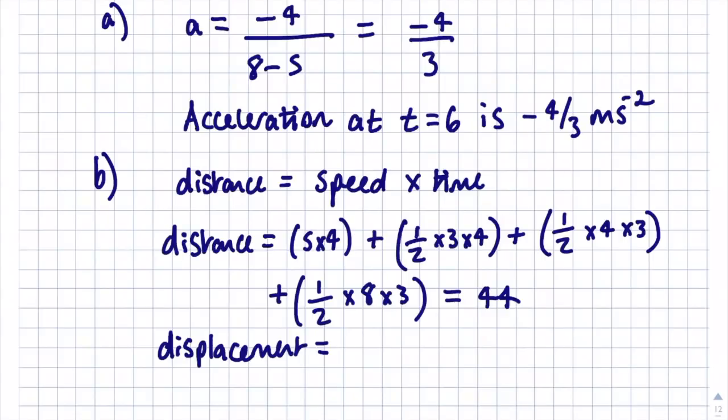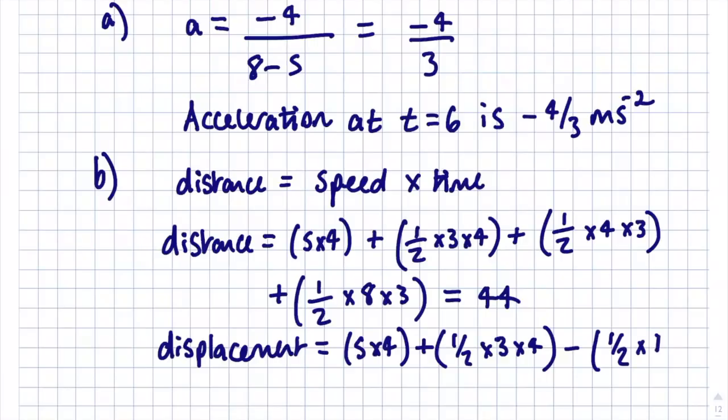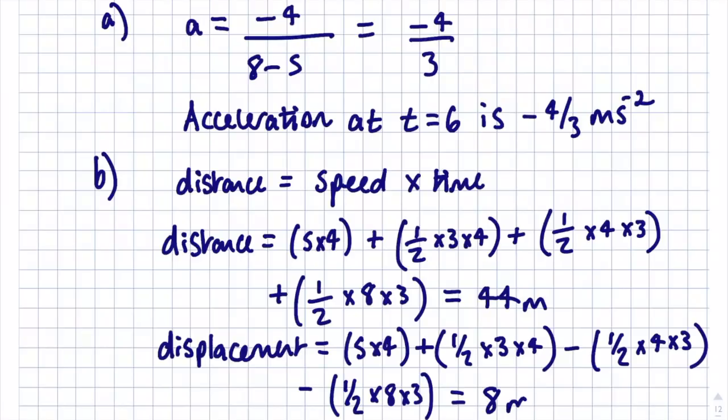So we're doing 5 times 4 plus a half of 3 times 4, then we take away a half of 4 times 3 and then take away a half of 8 times 3. If you simplify that on your calculator, you should get an answer of 8. And these are both in meters.